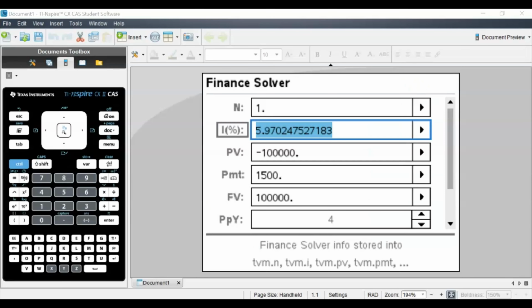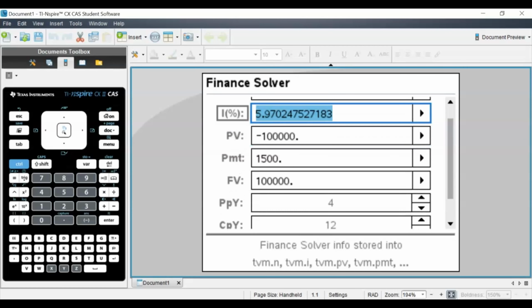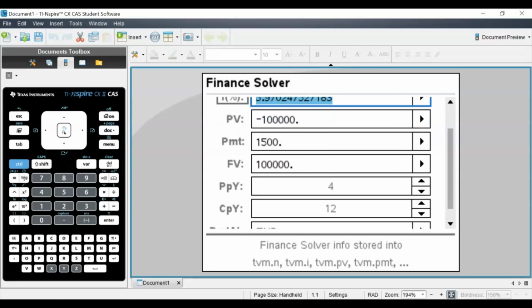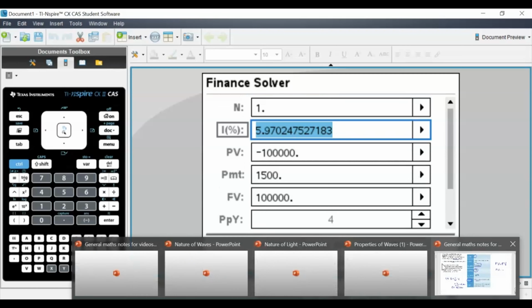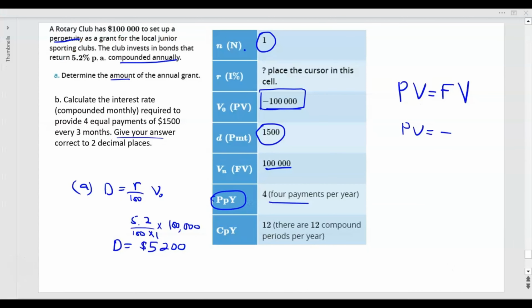Since the 1,500 is paid every 3 months, the PPY, just keep it at 4, and the CPY this time is 12. That's what you need to change in order to answer that question. So let's do that. The answer was 5.97. Give your answer to 2 decimal places.